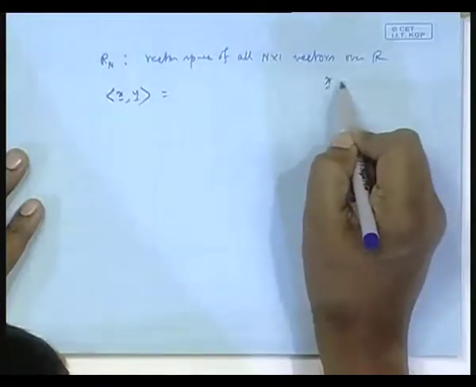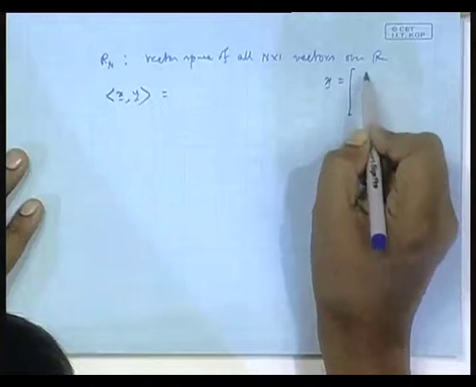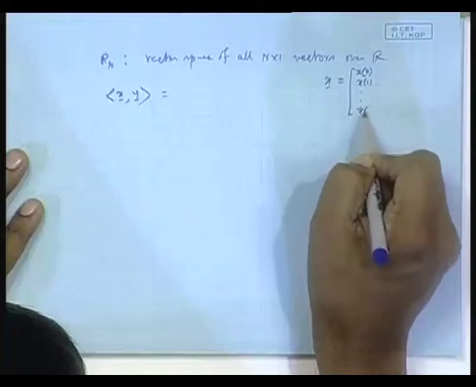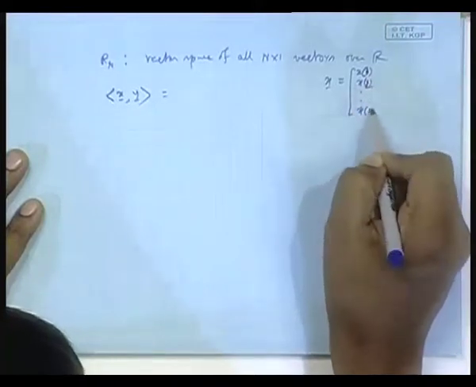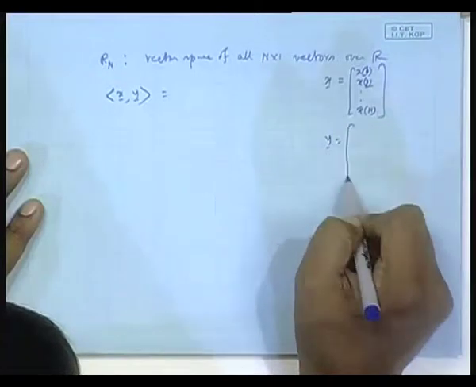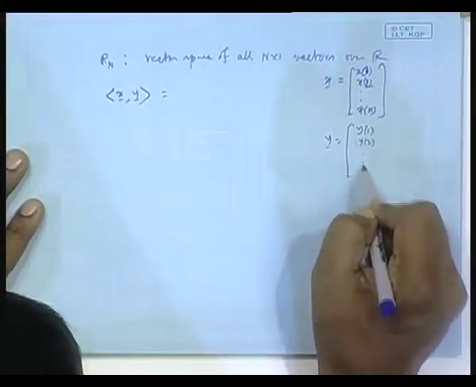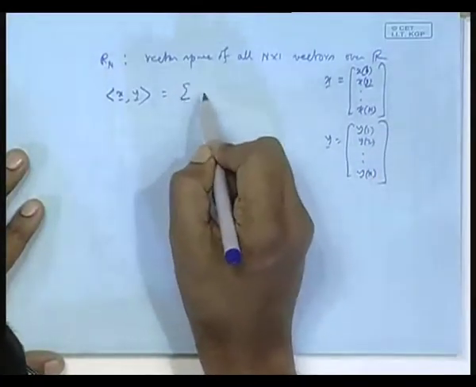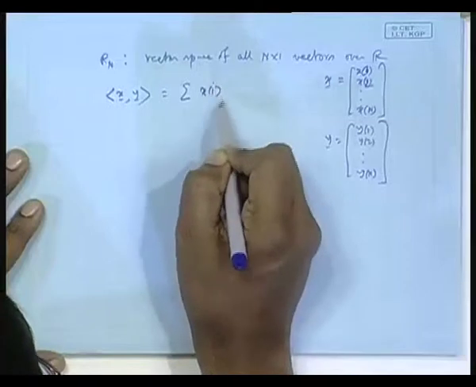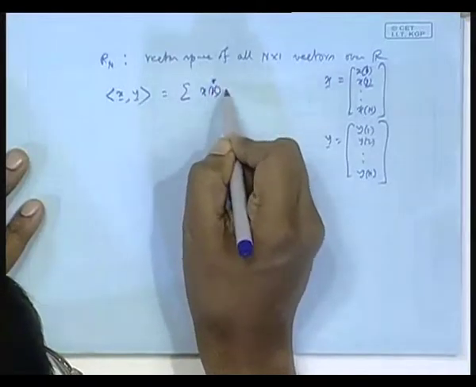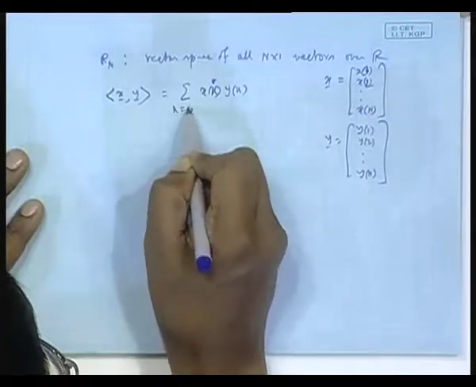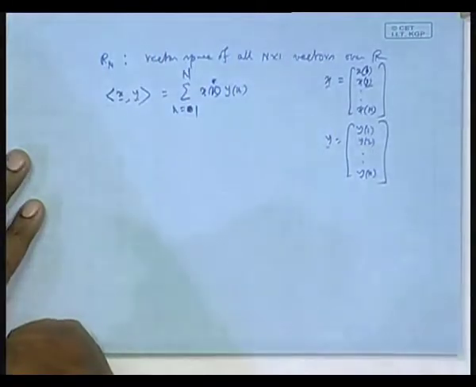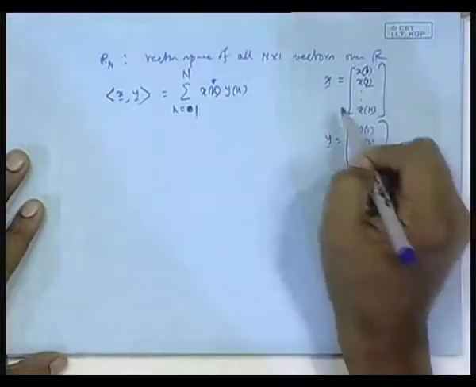That is, if x is x1, x2, ..., xn, then the inner product is simply sample wise multiplication and addition, sum of x_k y_k, k from 1 to n. Just sample wise multiply and add.